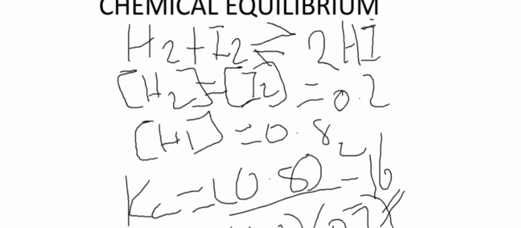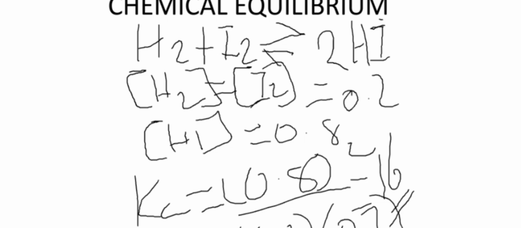Now, what does the value of Kc tell us? And this is very important for exams. So the value of Kc, for example, if Kc is greater than 1, then that means products are much more than reactants. So reaction goes almost to completion.